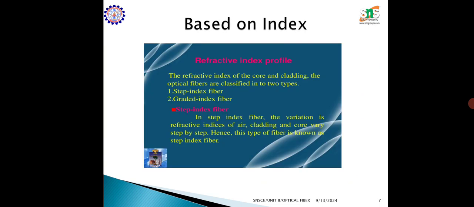If you go with refractive index profile, there are two types, step index fiber and graded index fiber. In step index fiber, the refractive indices of air, cladding and core vary step by step, and so it is called step index fiber.